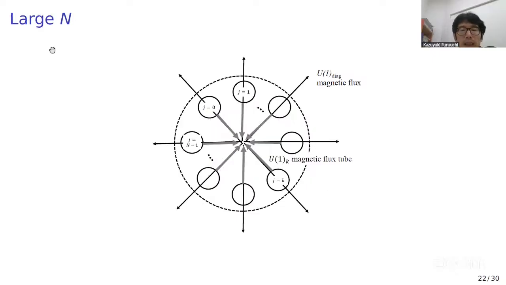But in large n, it becomes more and more difficult to follow the mass eigenstate and flux, basically because the discrete Fourier mode mass eigenstates are made of sine and cosine, so they can be irrational. So there are irrational charges and magnetic flux tubes with irrational charge binding number. I haven't figured out how to treat them.